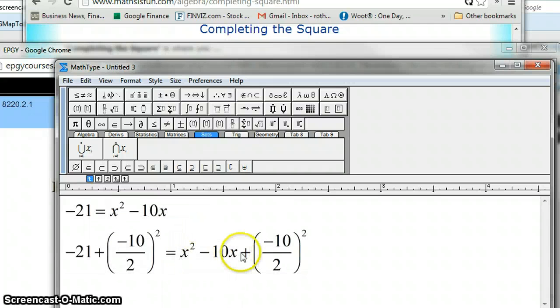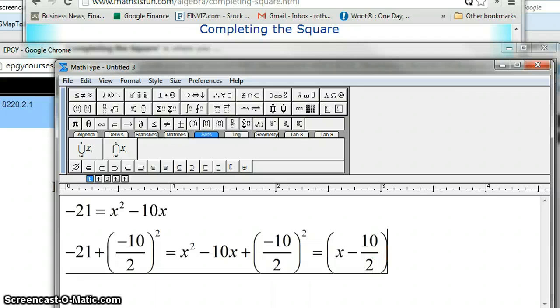So this is what we get. And when you do 1/2 of this squared, you will always get something of this form. So this always equals x minus 10 over 2, and then that squared.